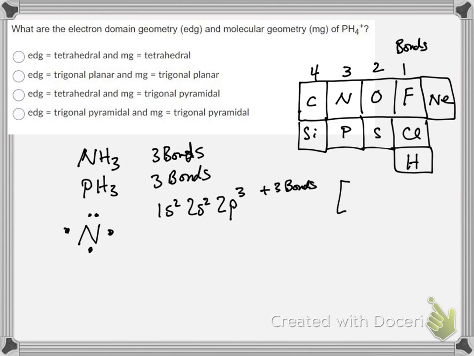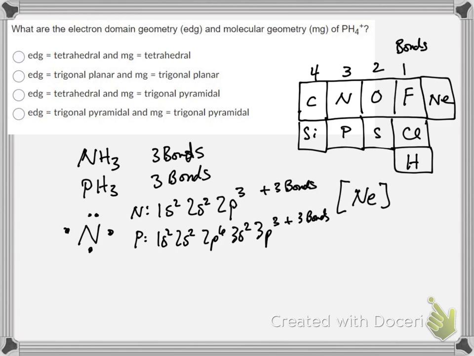To get neon's core, 3 bonds had to form to complete the shell. Now phosphorus has the same story, but instead of row 2, it's in row 3, so it also has to form 3 bonds.